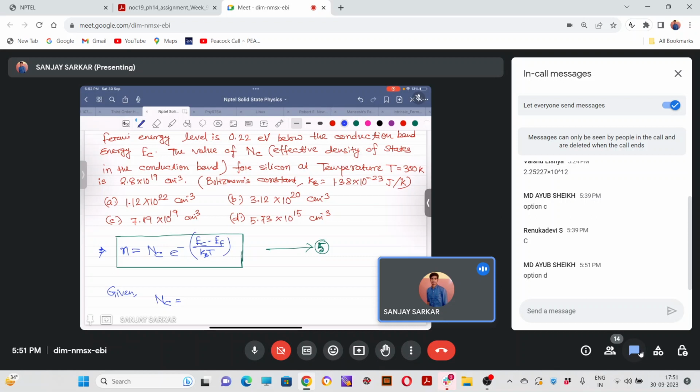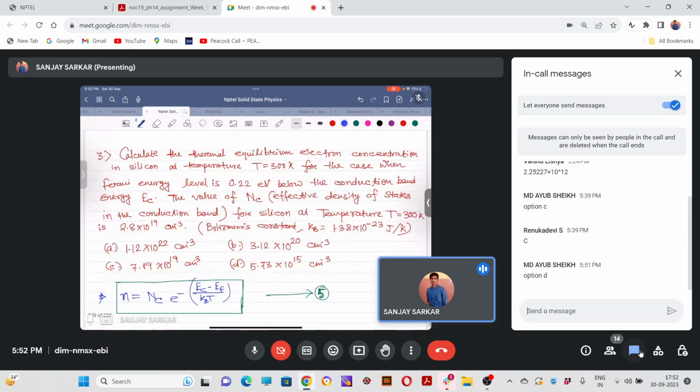So NC is 2.8 into 10 to the power 19 centimeter cubed inverse. Then EC minus EF is directly given because it says that for the case when Fermi energy level is 0.22 electron volt below the conduction band.